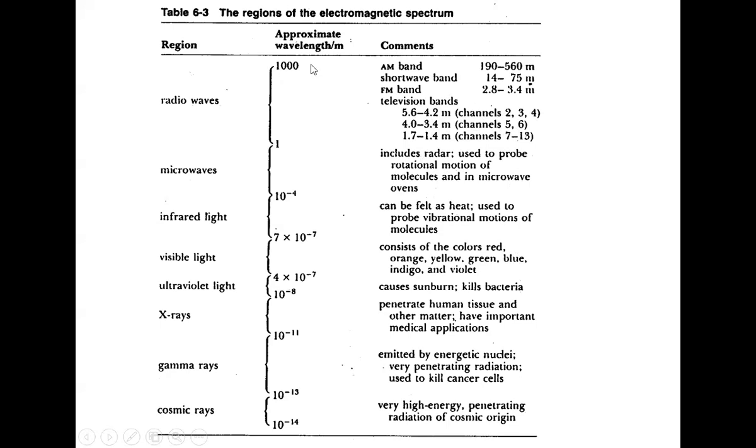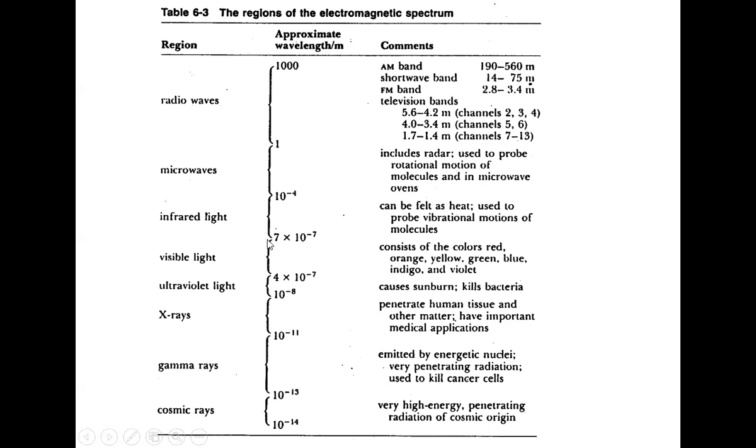You can see here, it's used to probe rotational motion of molecules and in microwave ovens. So usually that's what we use it for. If a molecule is rotating and we want to see its rotational spectroscopy, it's going to give you some spectra. You might not realize what rotational spectroscopy is, but it's diagnostic of a molecule.